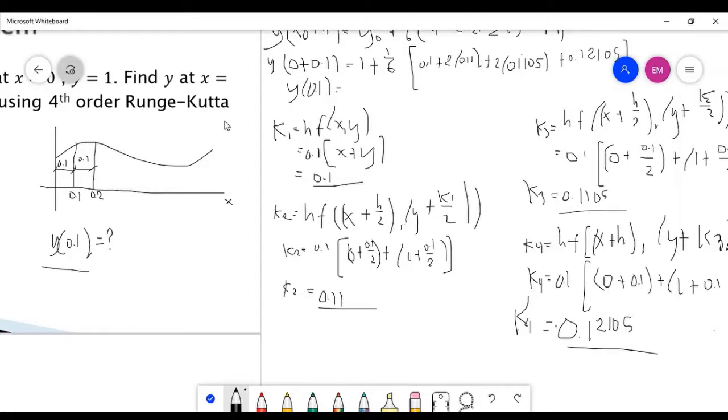So we have an answer of 1.11034. Of course, again, round off to 6 decimal places. So 1.110342. And this is our final answer.